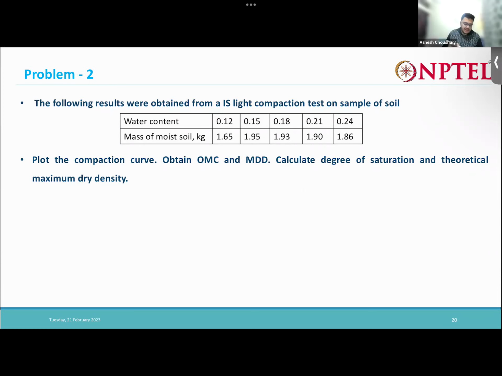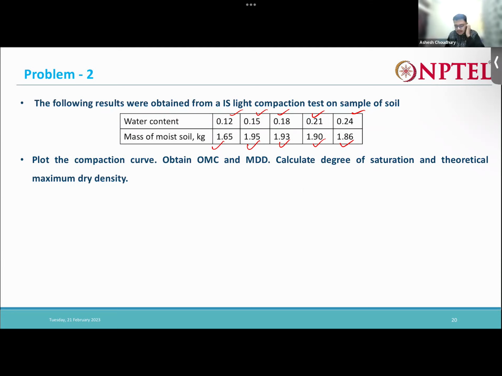We have some values of water content, and corresponding to these water contents, we have the mass of the moist soil that was able to occupy the mold. What we need to do is plot the compaction curve, obtain the optimum moisture content and maximum dry density.